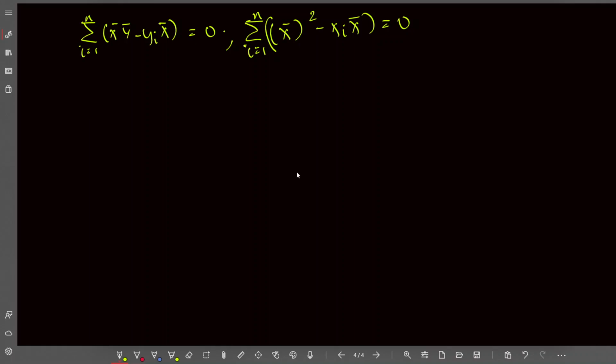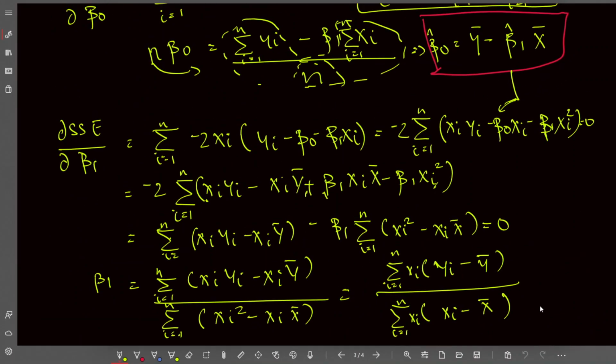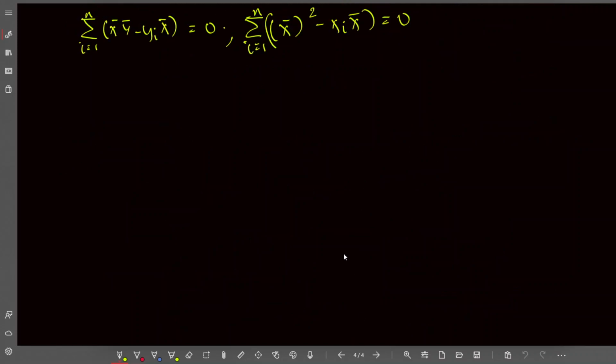And I can write the previous equation as follows.